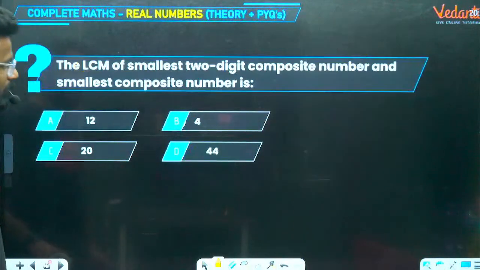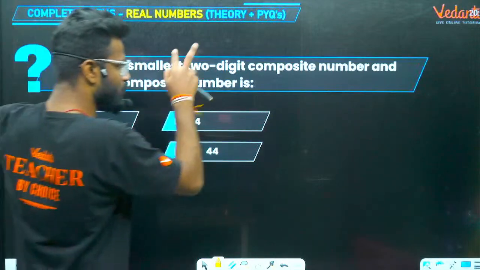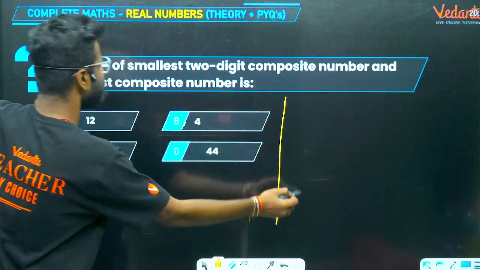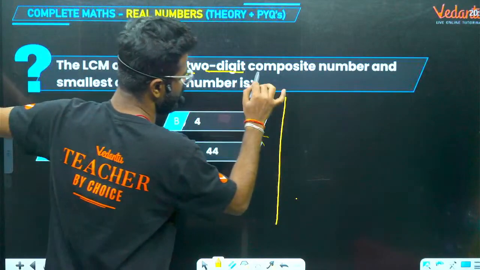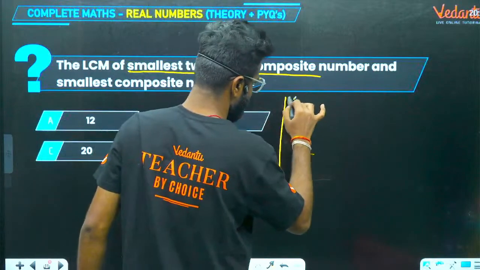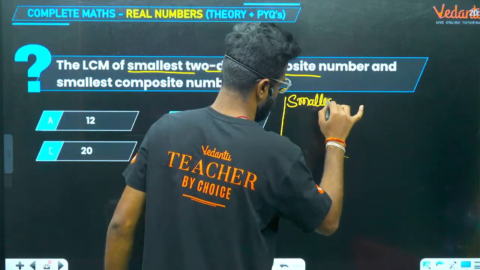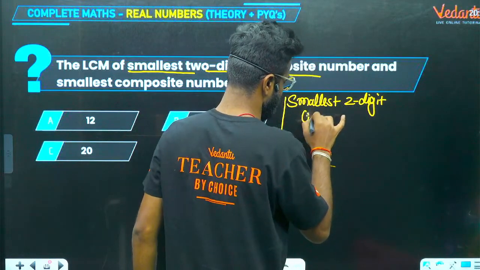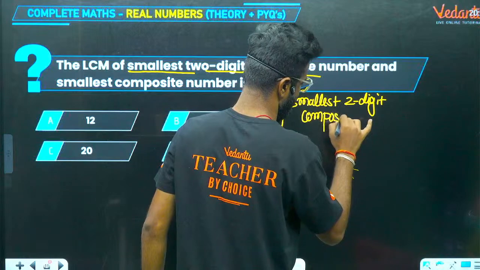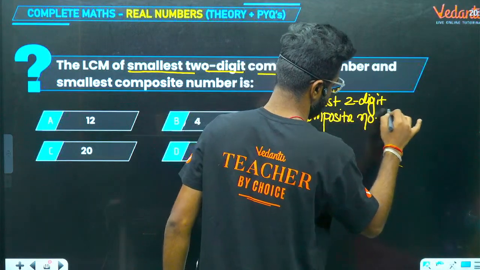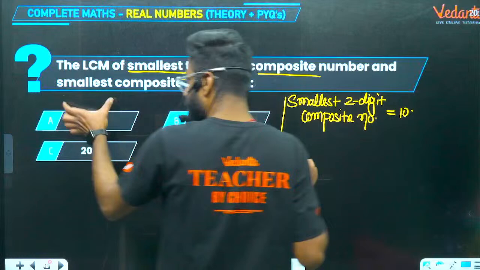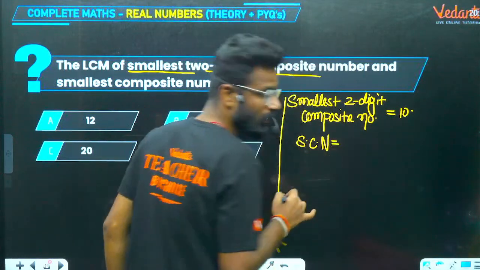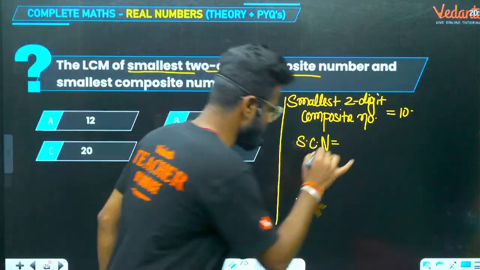Let's move further. The LCM of the smallest 2-digit composite number and the smallest composite number is. We know that the smallest 2-digit composite number is 10 and the smallest composite number is 4.